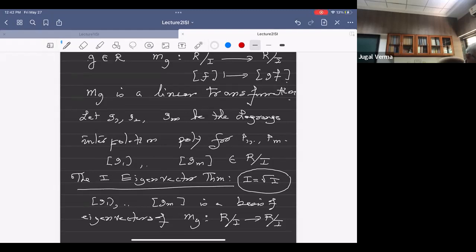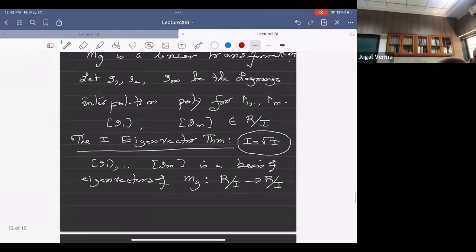So I can just pass to a radical ideal and then take the quotient ring R mod I. Then I know that the number of solutions is precisely the dimension of R mod I. I had m points, and therefore m is the dimension of R mod I because I is a radical ideal. We proved using the strong Nullstellensatz that the dimension of R mod I is precisely the number of solutions if and only if I is a radical ideal.